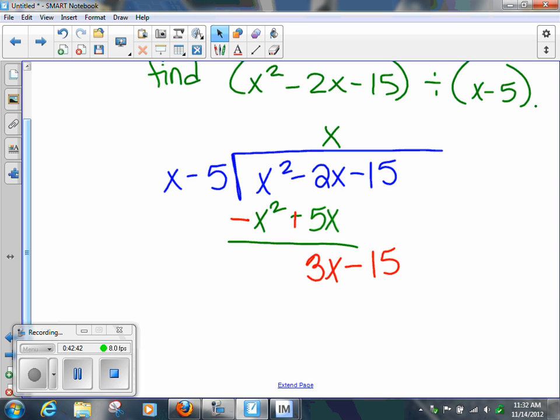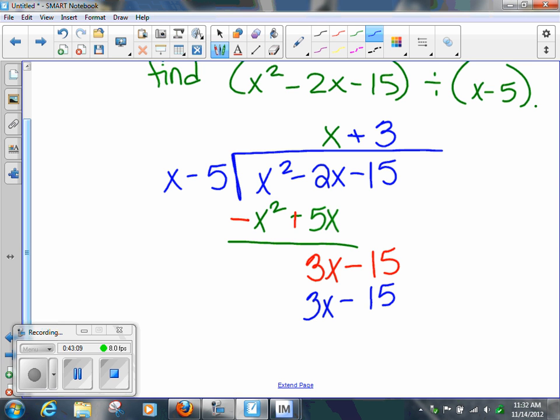Now we go through the same process again. X times what will give you 3x? 3. Is it going to be a plus or a minus? A plus, because it's a positive 3. 3 times x is 3x. 3 times negative 5 is negative 15.